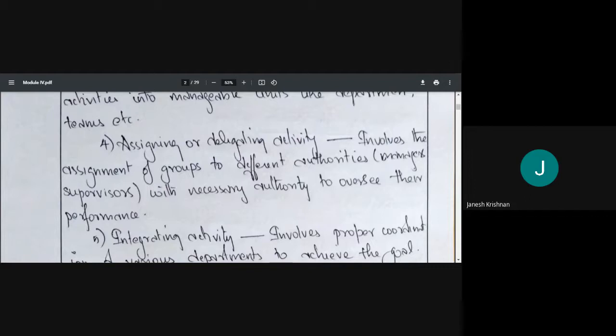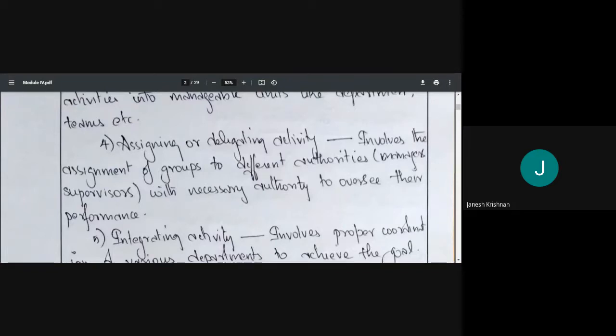He will be the ultimate authority there. He will decide what has to be done in that department. The people might question him, but he will be the ultimate authority. He'll have the authority to see their performance, and to see his performance, there will be someone else. So it involves assignment of groups to different managers or supervisors with necessary authority to oversee their performance.